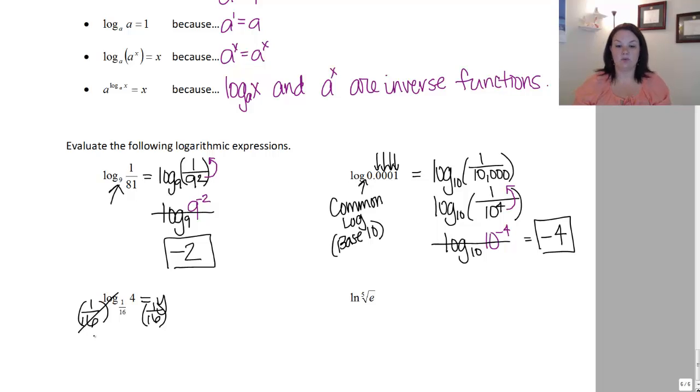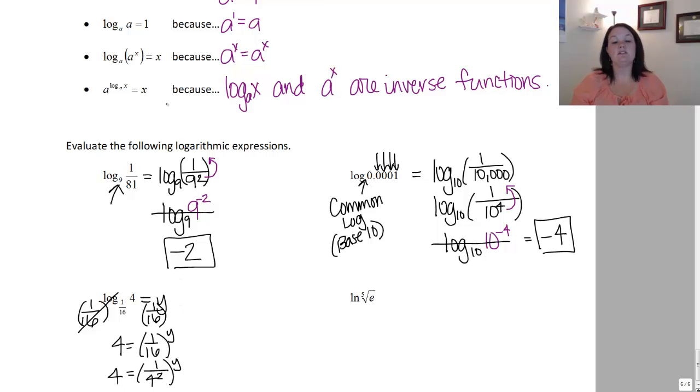And what I'll be left with is 4 is equal to 1 over 16 to the y power. Okay. Now I can manipulate this because I know 16 is a power of 4, right? This is the same as 4 is equal to 1 over 4 squared raised to the y.